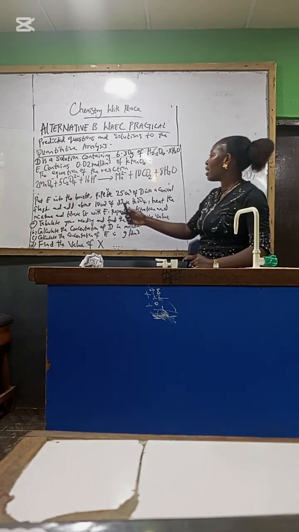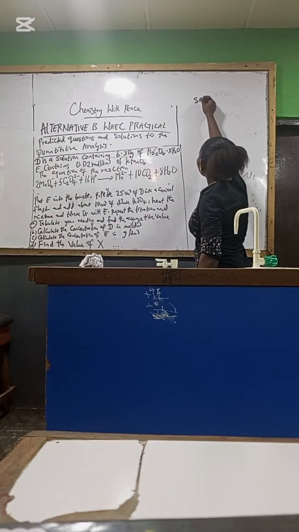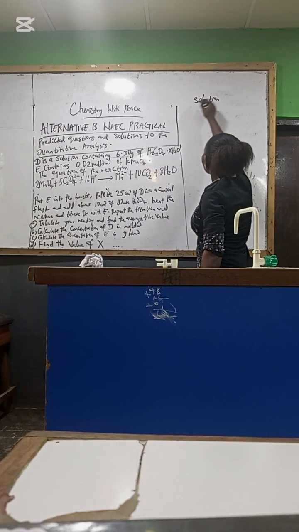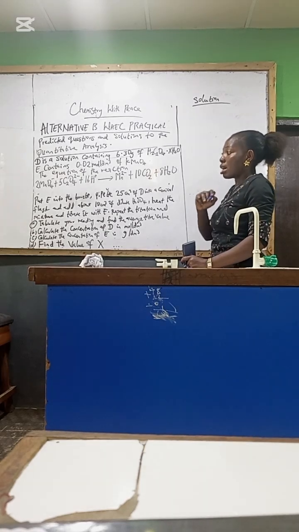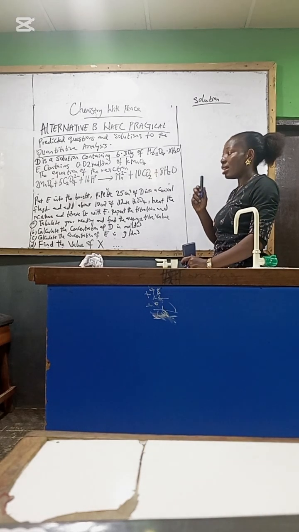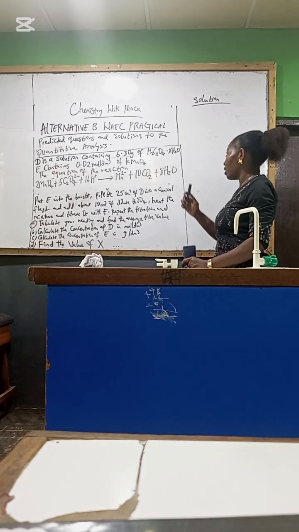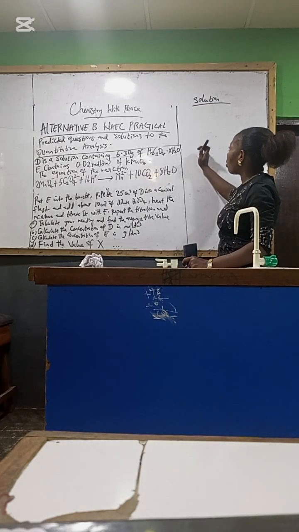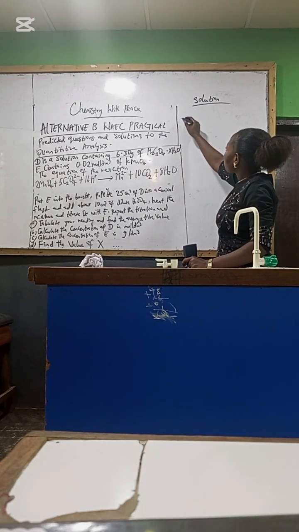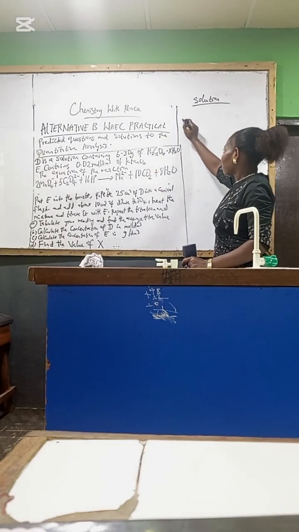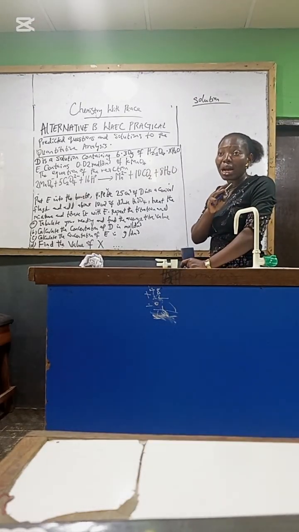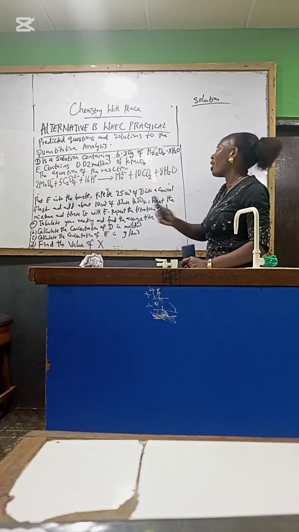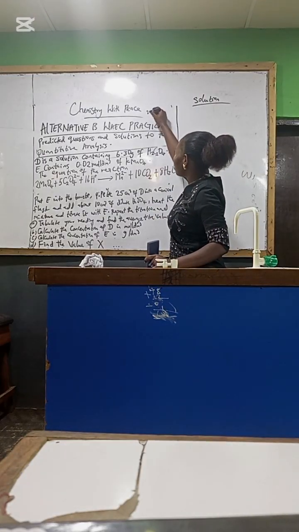So first of all, the first one, solution. They say tabulate your reading, so we are going to tabulate our reading to get the average volume of acid. If you have not watched the video I made on how to calculate the theoretical value, from there we got the theoretical value to be 25 centimeter cube.